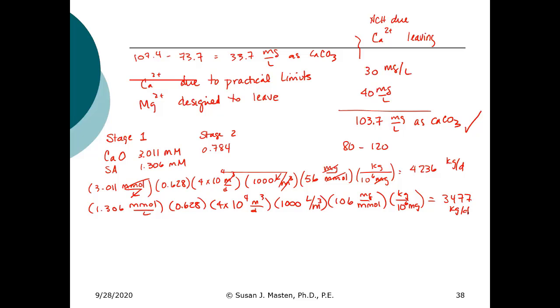Okay. Now, stage 2, we're treating the entire flow. All good? And then for stage 2, we're only adding lime. And there we have 0.784 millimoles per liter.